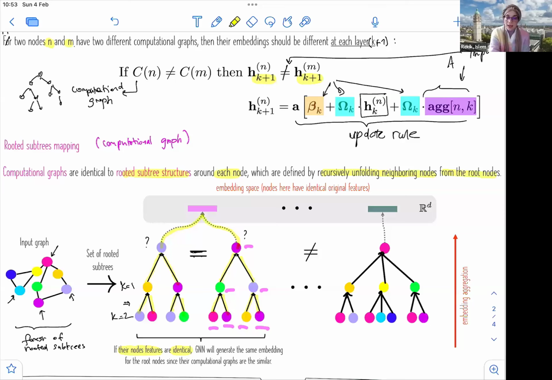Now, what happens if they are different? Here is the embedding aggregation function from the bottom up to the root node. For this pink node right here, the subtree graph is different from these two.